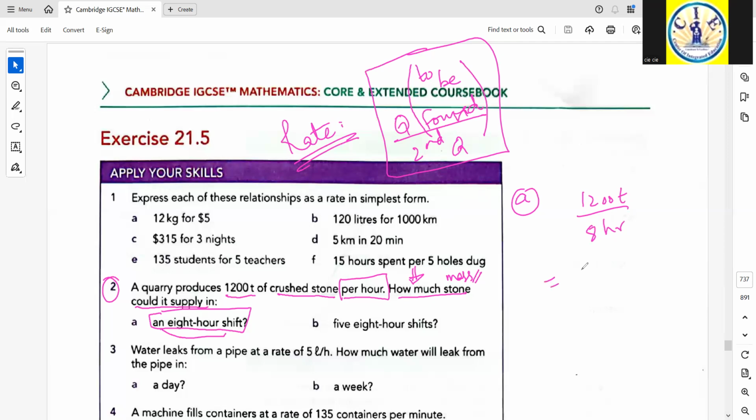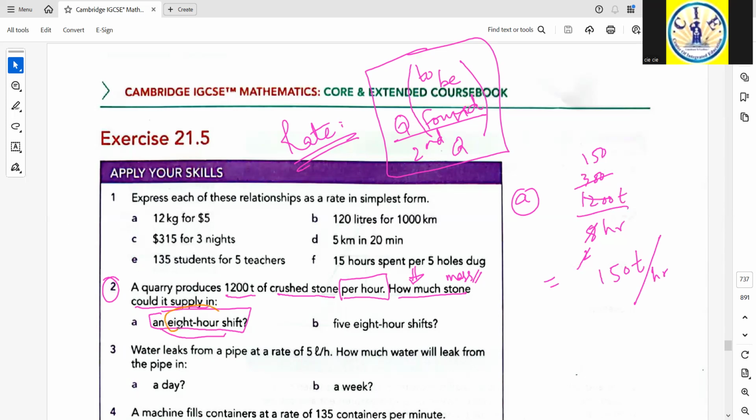Simplifying this, we get 150 tons per hour.